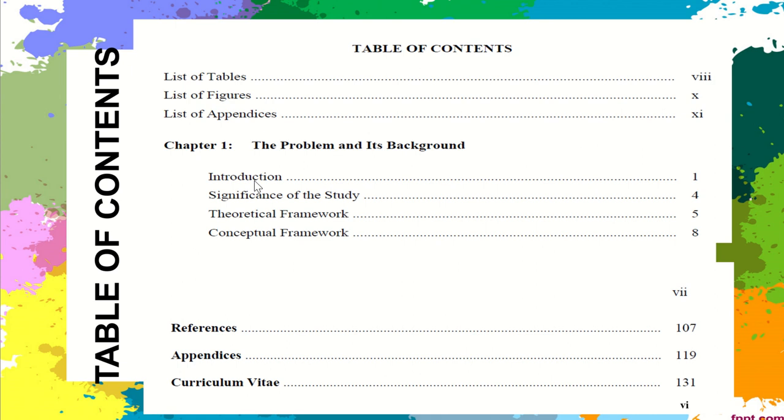Tapos chapter 1, ano yung mga components under chapter 1? Ito, introduction, tayo dito, Arabic numeral, for example, can be found sa page 1. Significance of the study, page 4. Hanggang sa makarating ka sa page 5, tapos references, appendices, and CV or curriculum vitae. By the way, this is the page number of the table of contents paper. Naka Roman numeral tayo for that. For example, this one, page 6 na siya.